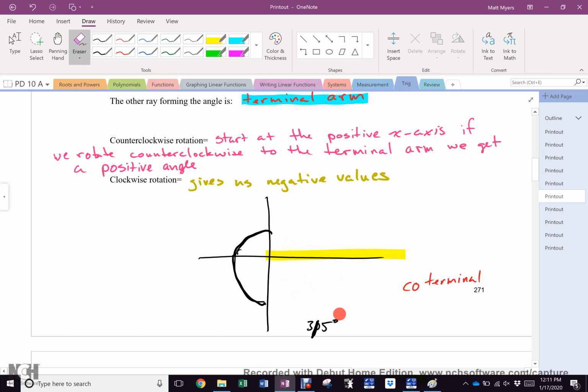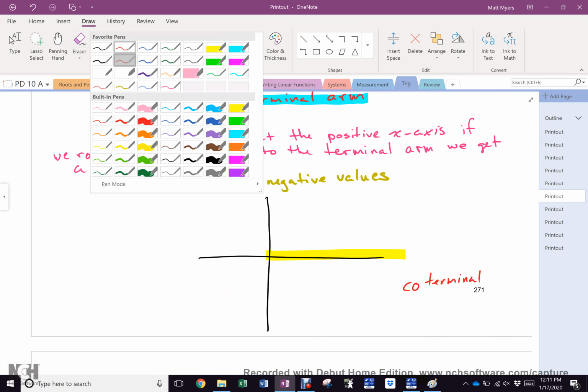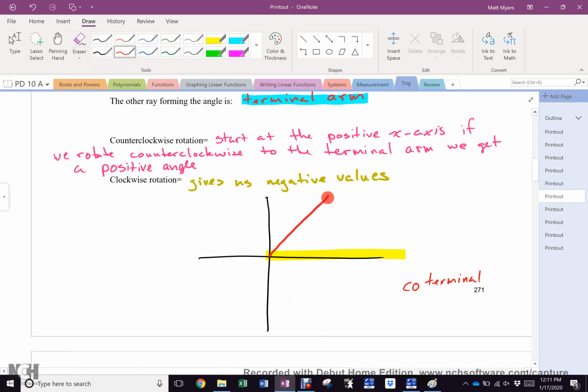Don't write this down, just use your brain, because that should be all you needed. I'm going to draw a red line right there. Nah, that's no good. I'm going to draw a red line right there. What would you say that is? Is it past halfway? Is it 90? So give me a value that it could have. 80?